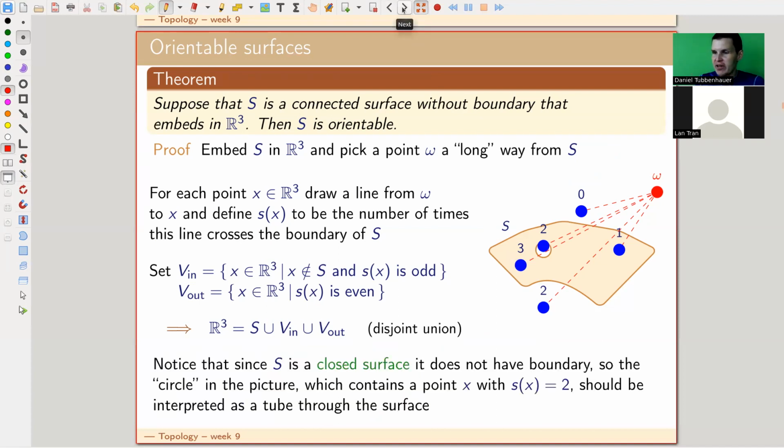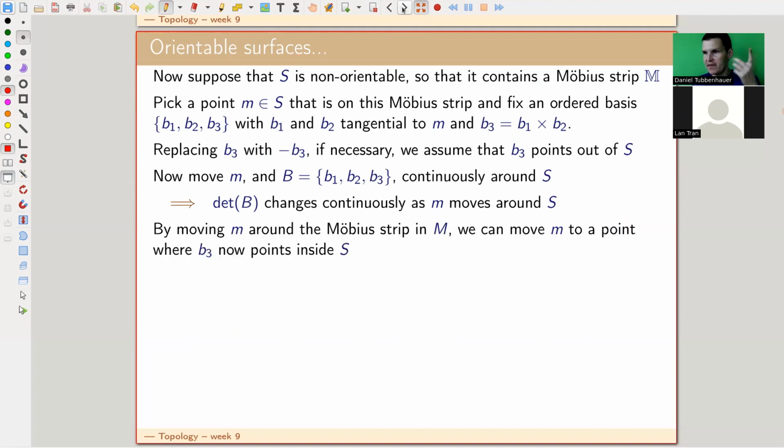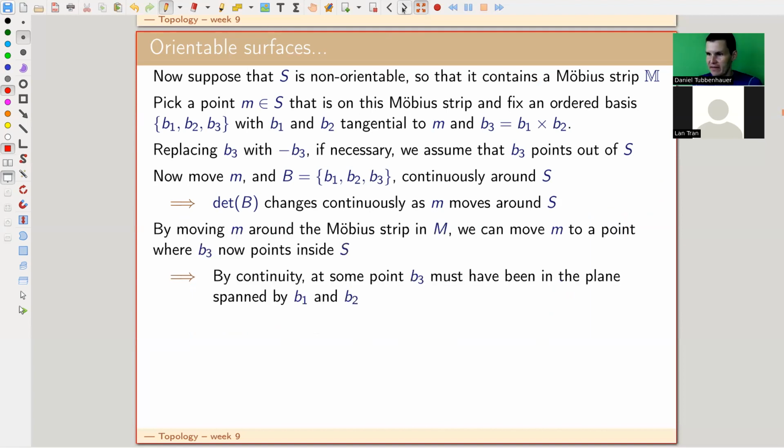So, and this really makes sense. And what you can do now is move along the inside or the outside and write down this coordinate system. I've written that down, and you would come to a contradiction if it contained a Möbius strip.